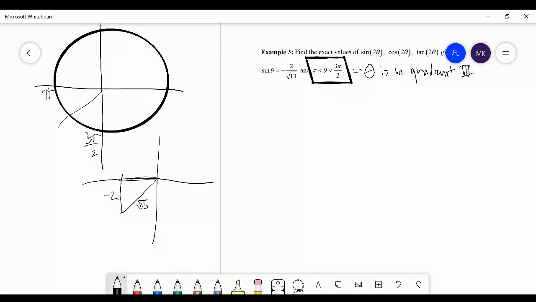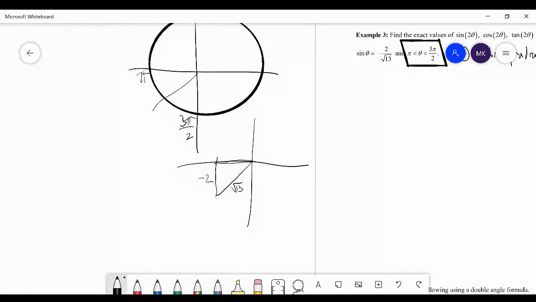Okay. To do that, just use the Pythagorean formula, which says that a squared plus b squared equals c squared. So we have that -2 squared plus b squared equals c squared. So I get 4 plus b squared equals 13.